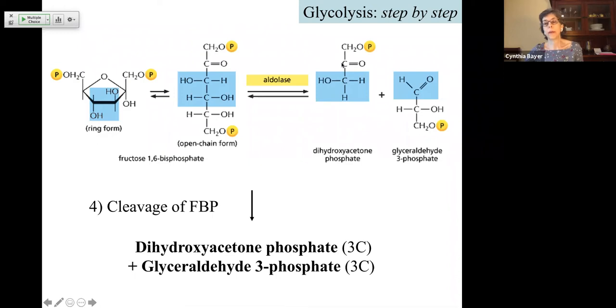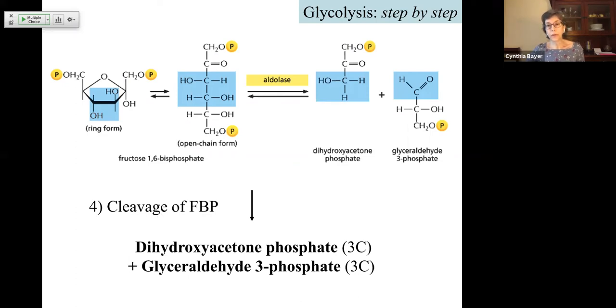One of them is a ketone and the other is an aldehyde. And each of them carries 1 phosphate at the end of their carbon chain. Dihydroxyacetone phosphate and glyceraldehyde 3-phosphate. Right? So the second phase of glycolysis is the cleavage phase.